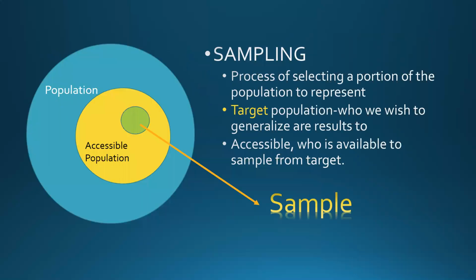So we take the whole population, then we figure out who of that population we have access to, and then within that, we draw a sample. And those are the people who actually get studied, and they're meant to represent the entire population.